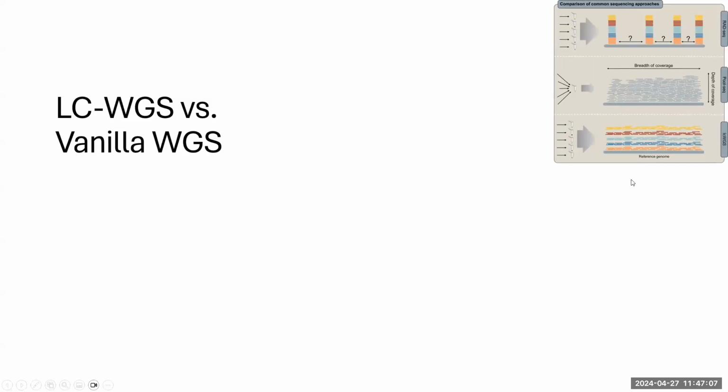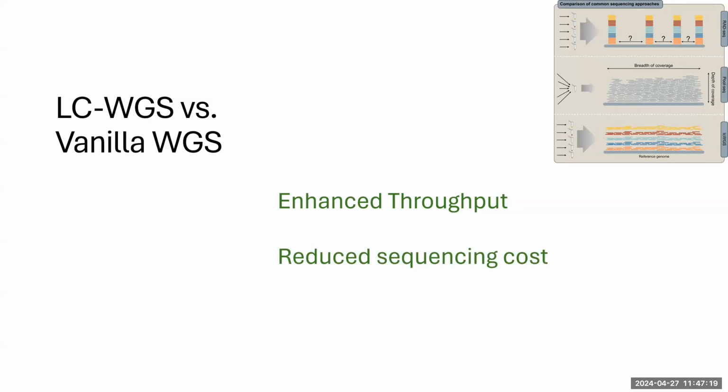If we compare low coverage whole genome sequencing to vanilla whole genome sequencing, we get enhanced throughput. We also get reduced sequencing cost per sample, but there is no free lunch here, and basically we get sparse data. So that's a bummer.